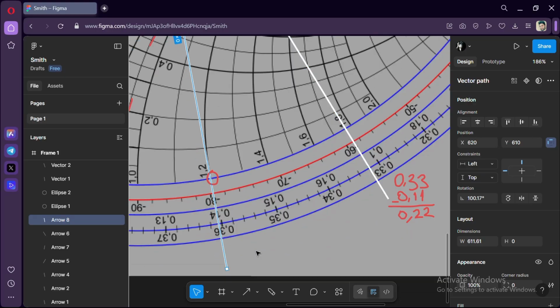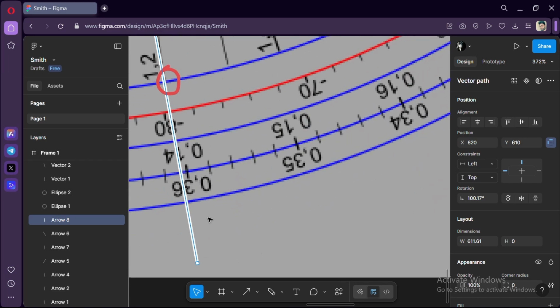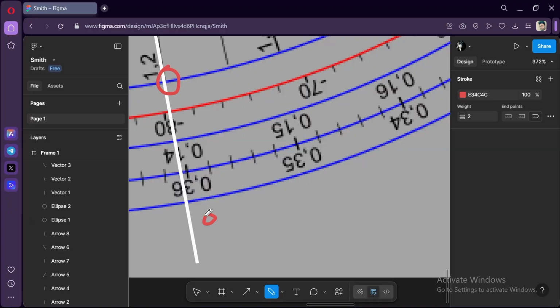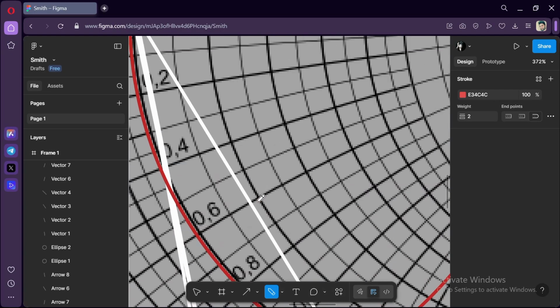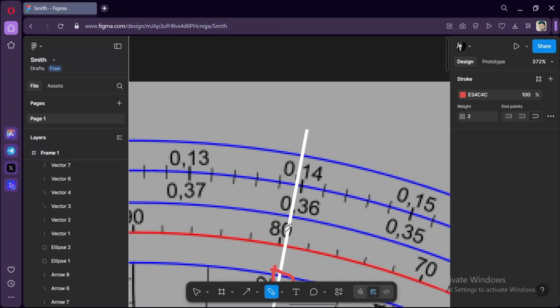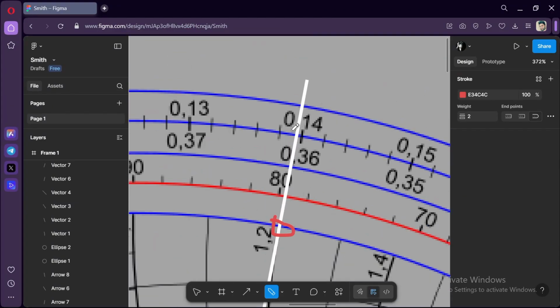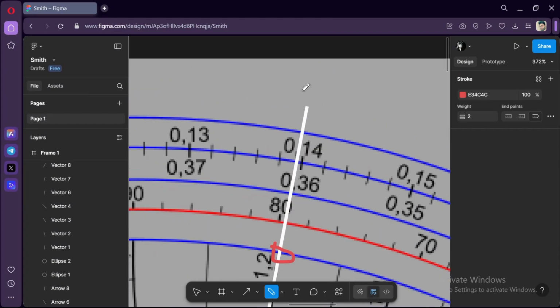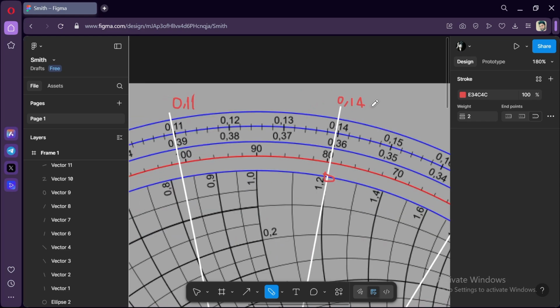Also, what about the lambda values? This one is 0.36 lambda, and the other one, the outer circle, outer value, 0.14. Okay, we got this.